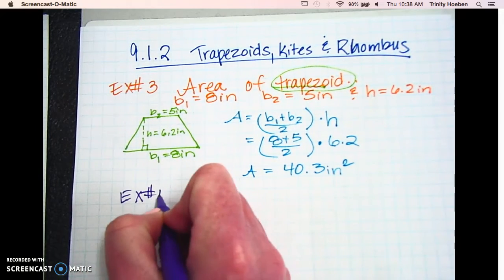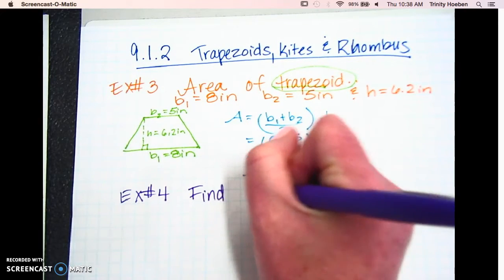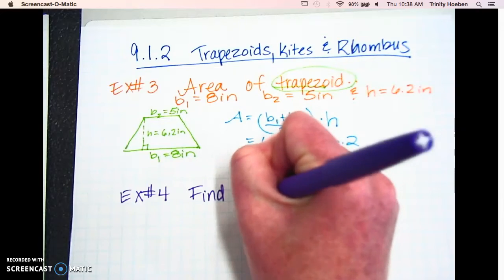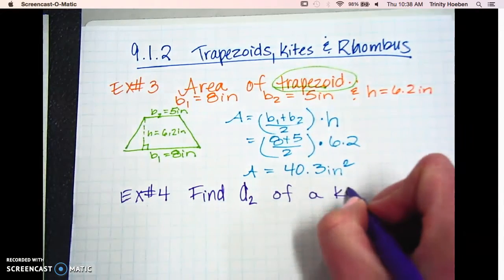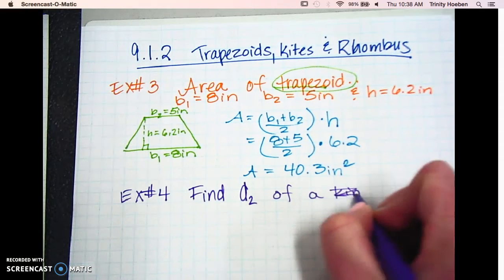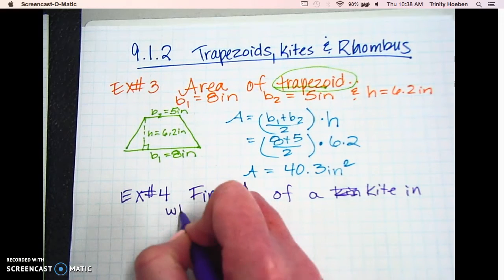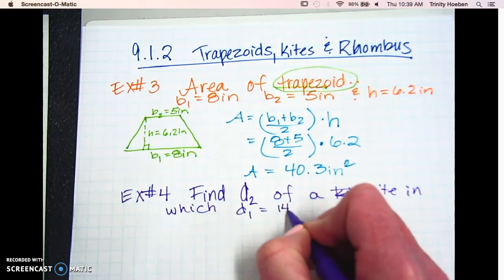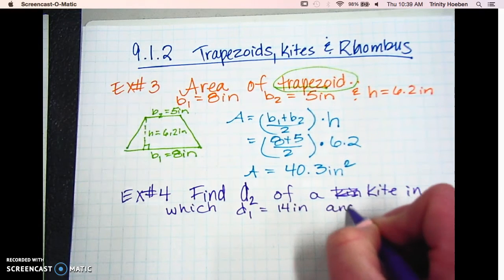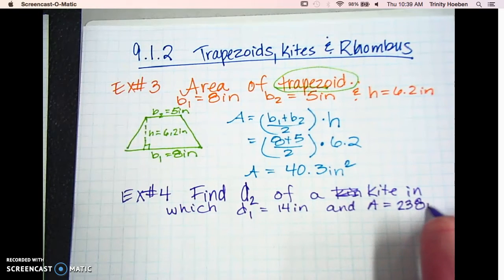Example number 4. We're going to find diagonal 2 of a kite, in which diagonal 1 is 14 inches and the area is 238 inches squared.